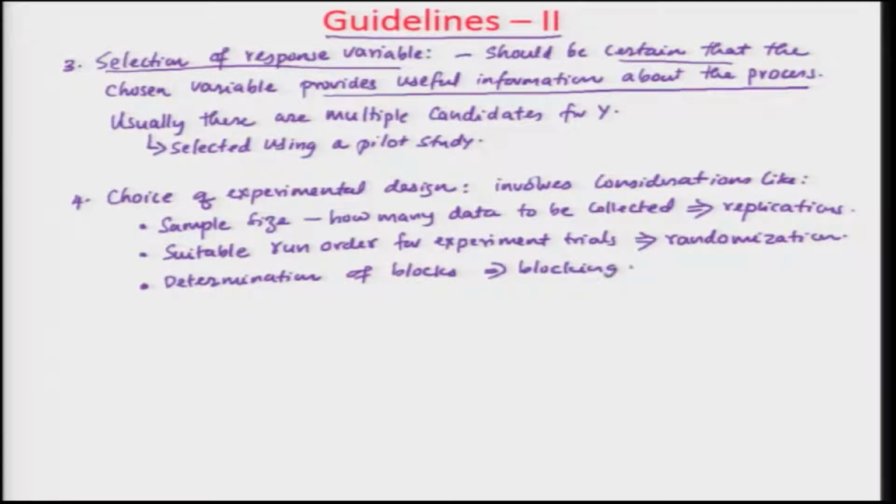Remember, we said in the previous presentation that replication, randomization and blocking are the three fundamental aspects of experimental design, and the same thing comes here, decided in the form of sample size, the run order, and the blocks. The reason is that these will result in analyzable data. We can have data that can be analyzed out of this. That is the major reason why we do it this way.